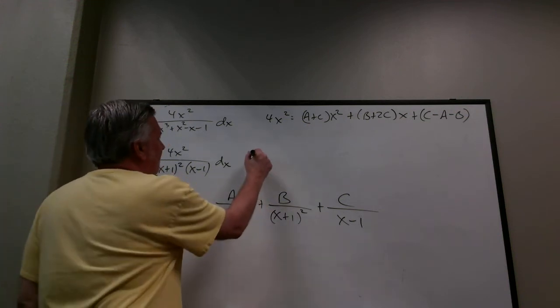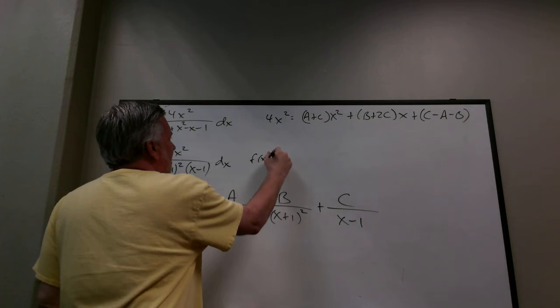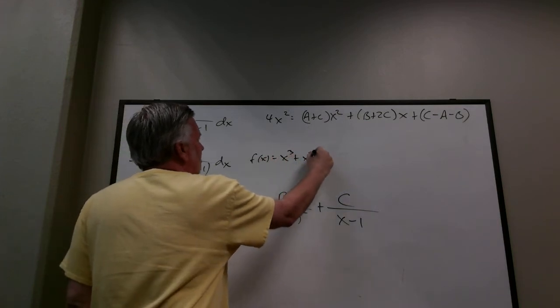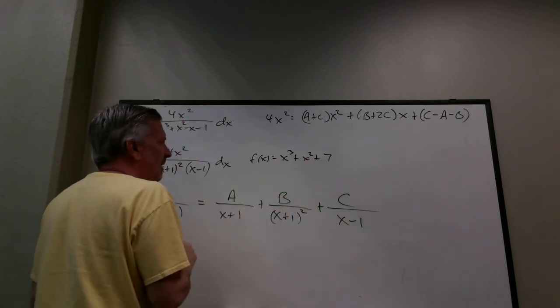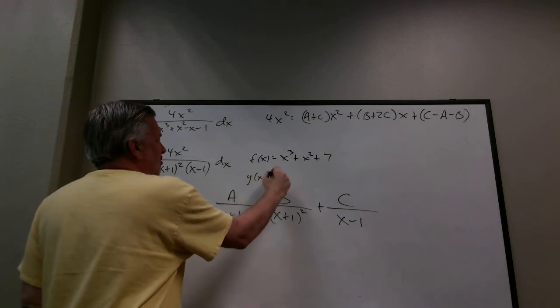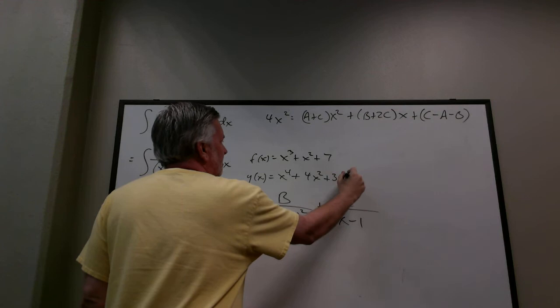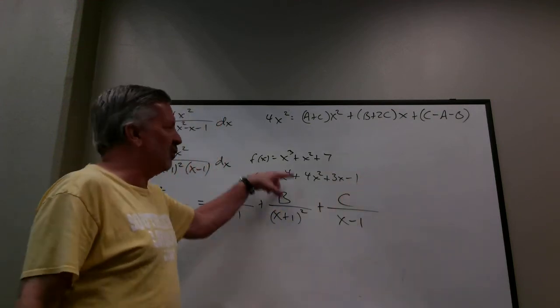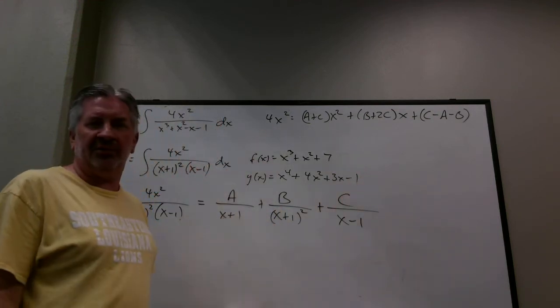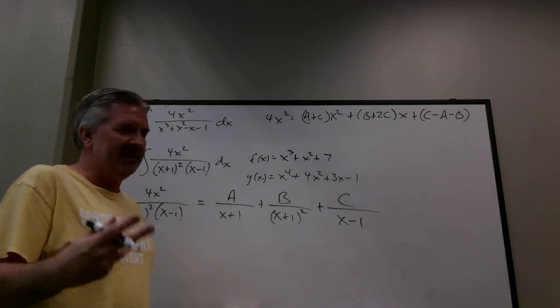My point is, if I had a function f of x is x cubed plus x squared plus 7, and another function g of x is x to the 4th plus 4x squared plus 3x minus 1, I know these are not the same function because the degrees aren't the same. Okay, that's the fact I was just mentioning.